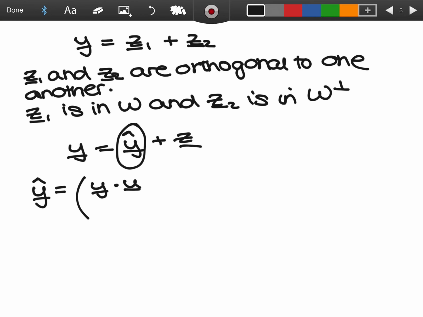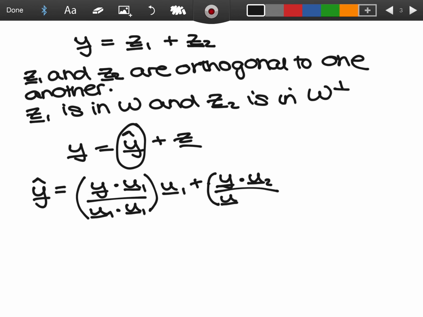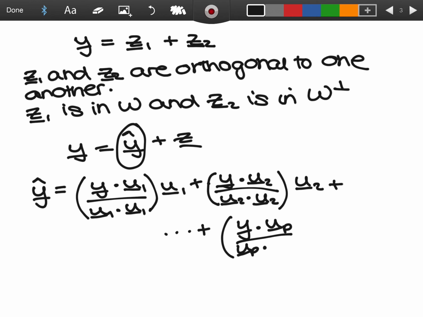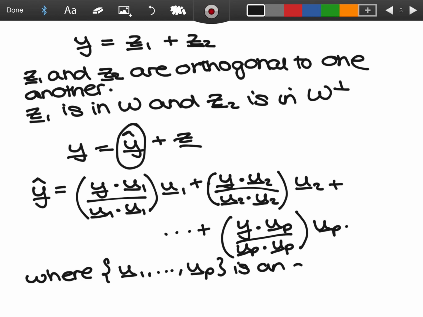And what it shows is that Y hat can simply be written as this, where U1 through UP is an orthogonal basis for W. So we can write Y hat as this.